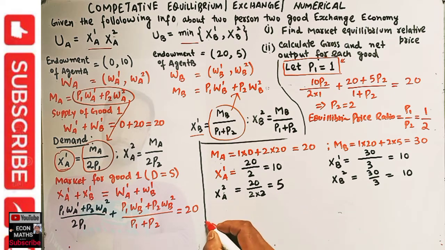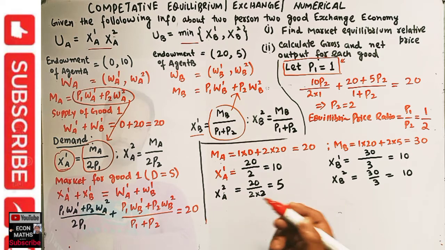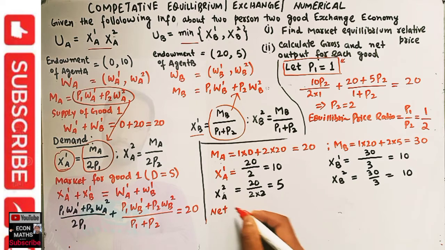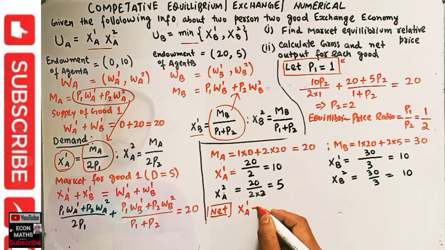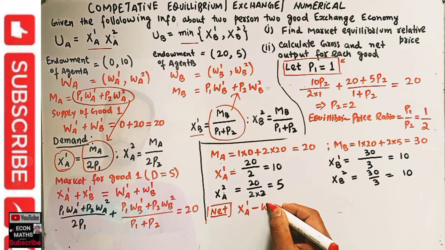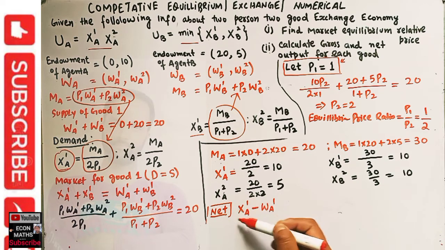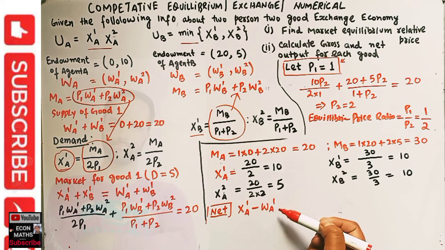Okay, now what is the net output, or net demand, what we call excess demand. So net output will be equal to gross output XA1 minus WA1. Simple thing. This shows the net demand is equal to gross demand minus the initial endowment of good 1 that person A is holding.